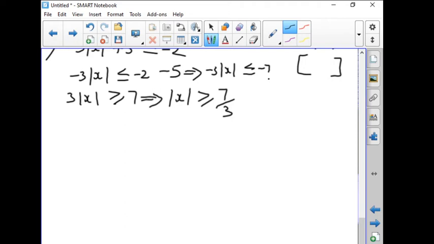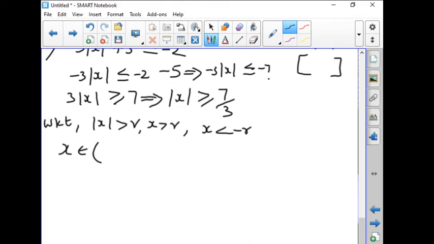Now, what is the concept? We know that when modulus of x is greater than r, then we have x is greater than r or x is less than minus r, and x belongs to minus infinity comma minus r union r comma infinity.